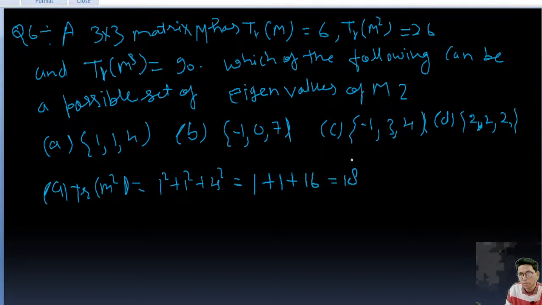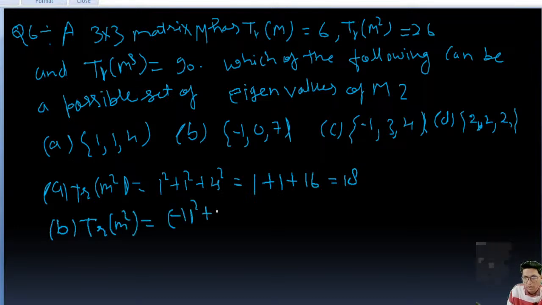So it is going to be 18. So it is not the given value. So option A is not the correct option. We'll check B. That is trace M square. It is going to be minus 1 square plus 0 square plus 7 square, right? So it is going to be 1 plus 0 plus 49. So it is going to give 50. So it is also not correct.